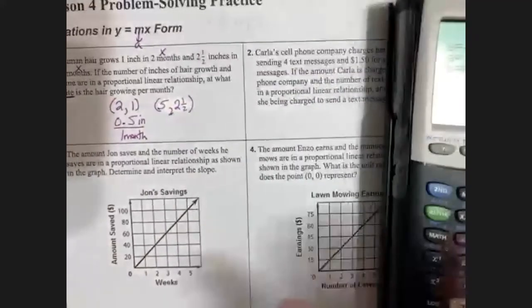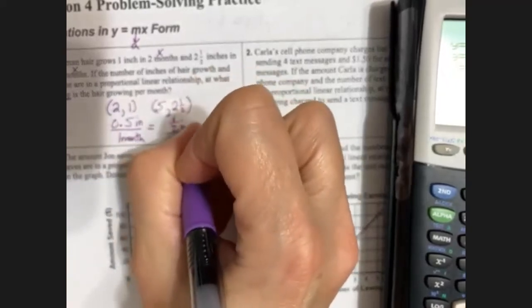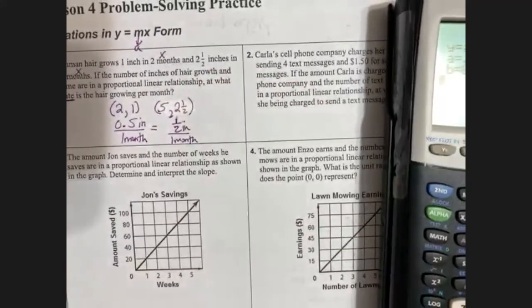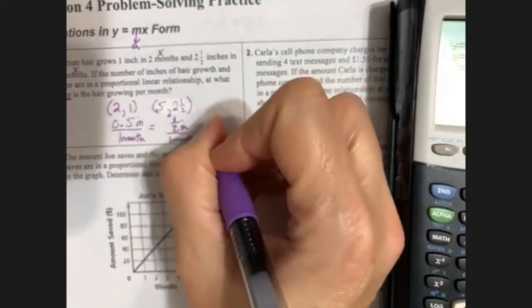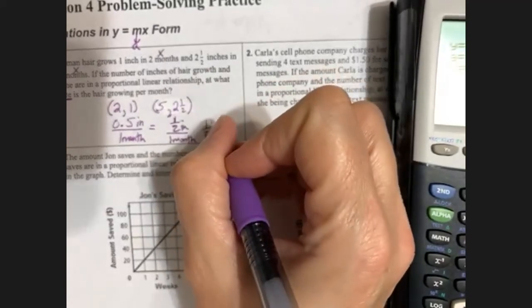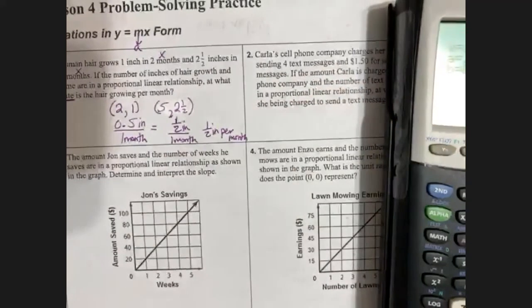And so a better way to write that is to just say half an inch per 1 month, and that's our unit rate. Okay, and so that's basically how you're going to be calculating it. And this could also be 1/2 inch, and you can just write per month and write the words out like that. So different ways to look at it.